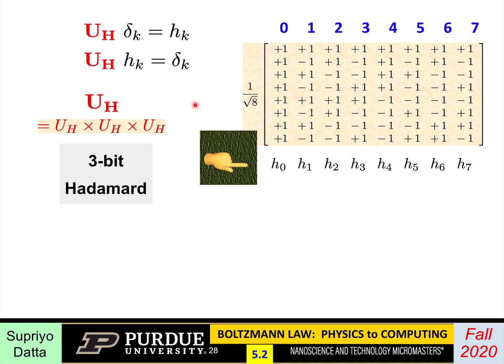So you have 3 of them, and now you have 8 columns, which you could label from 0 to 7, H0, H1, H2, etc. And the deltas you could define the same way, but that same property holds. It holds even when you have, say, 10 bits, so that it's a huge matrix, a 2 to the power 10 by 2 to the power 10 matrix, but the same basic thing holds.